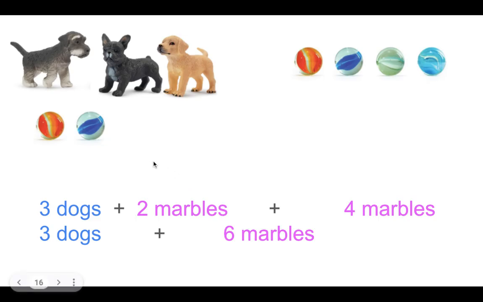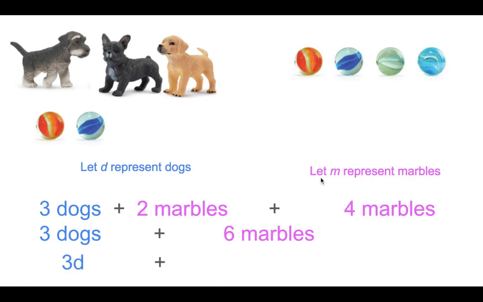And again, like before, we can simplify this by saying, let's make our dogs the letter D, and let's make our marbles the letter M. So we're using the variable D for dogs, so 3D plus, and the M for marbles, 6M. Again, I cannot combine these two because dogs and marbles are 2 different things.